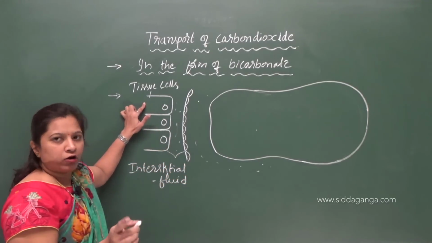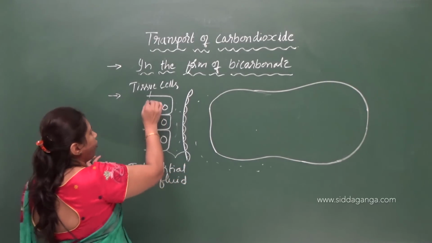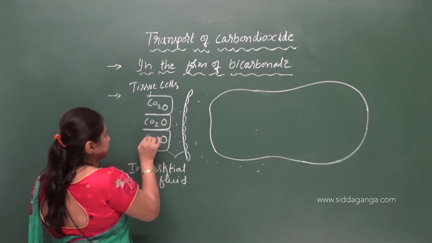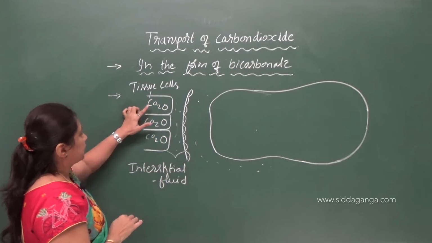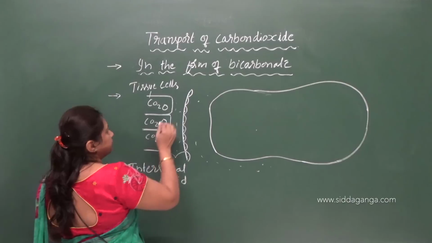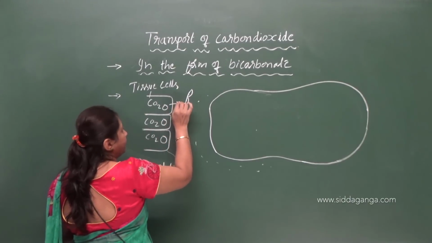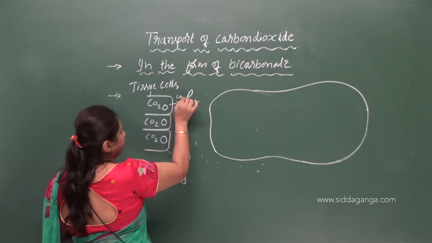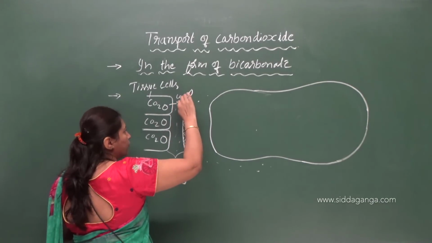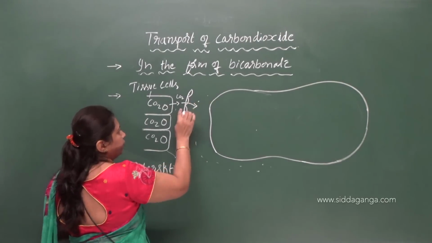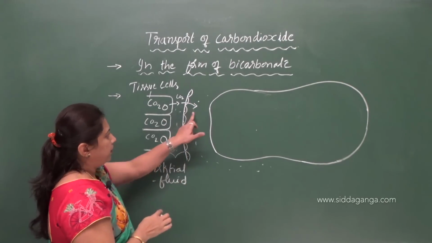Due to the oxidation of organic substrate, carbon dioxide is continuously produced by the body cells. This carbon dioxide will diffuse into the interstitial fluid, and from the interstitial fluid to the blood. It will first diffuse into the blood plasma.